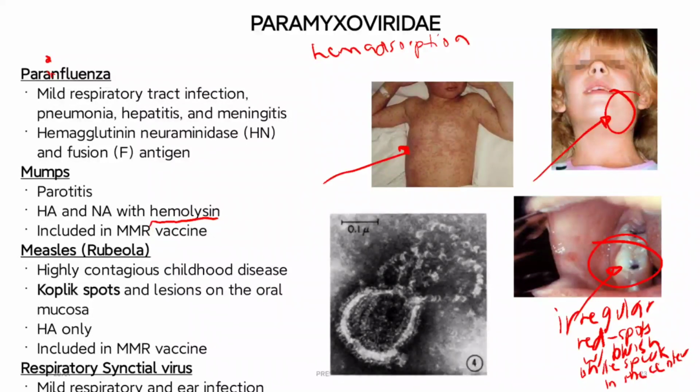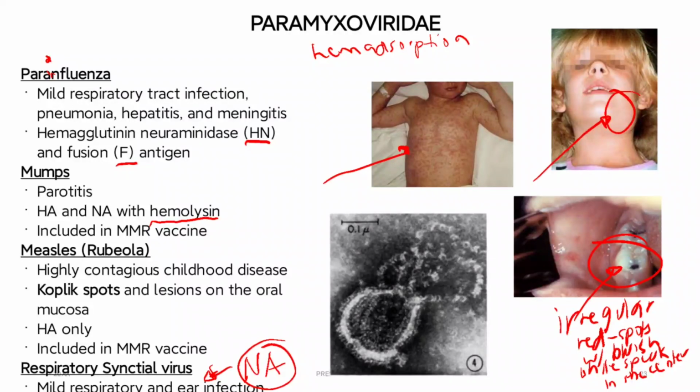Dito naman, neuraminidase lang siya. Okay? Si neuraminidase. Okay, isa-isa natin. Si parainfluenza, meron siyang hemagglutinin neuraminidase antigen, HN antigen, and fusion antigen. Okay? HN and F antigen.